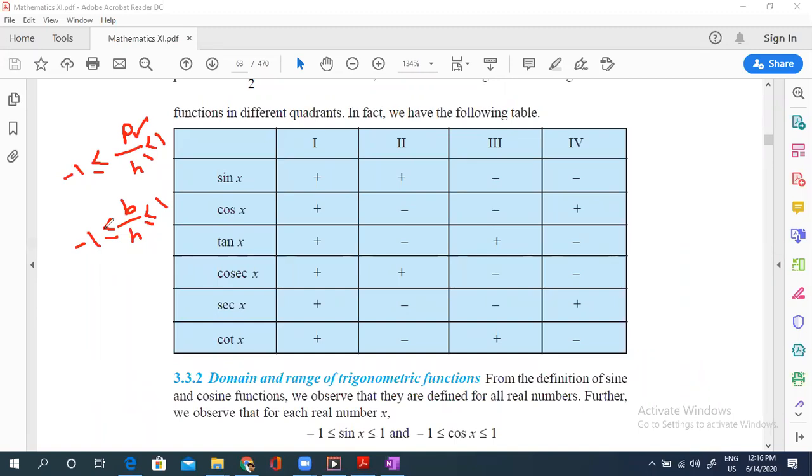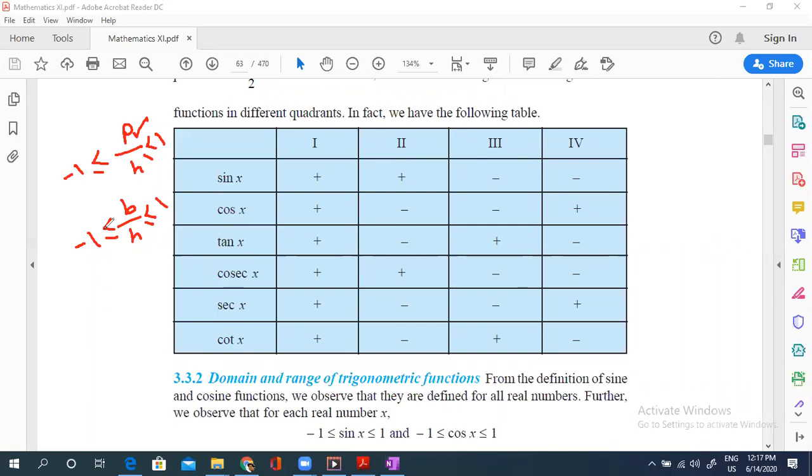And minimum will be the negative value, na? Because perpendicular and base can still be equal to hypotenuse, but in negative direction. For example, cos 180 degree. So what was cos 180 degree? It was -1, na? Got it, everyone?